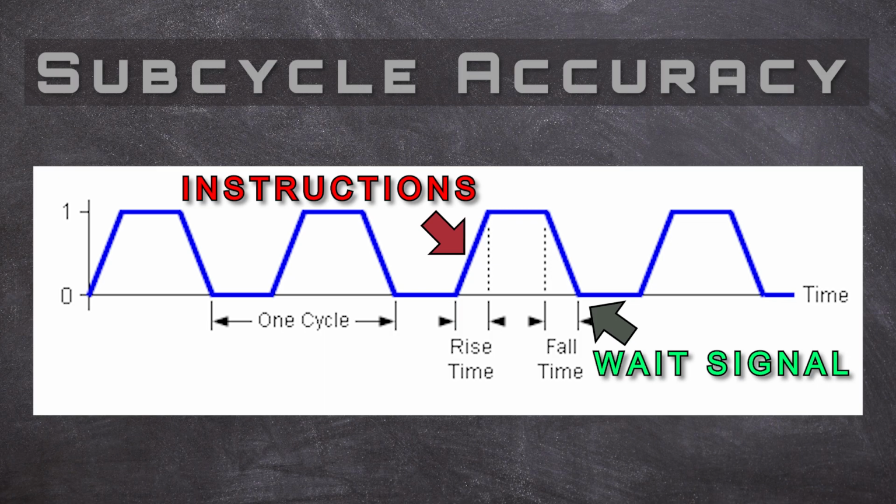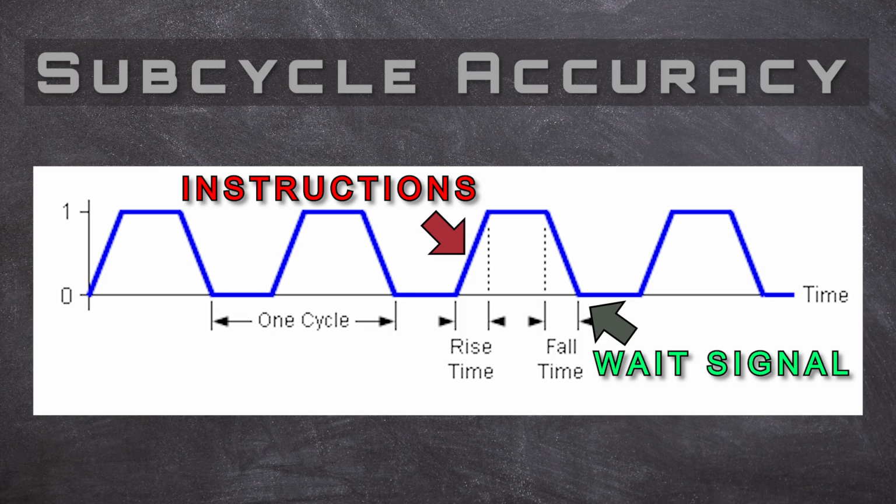So if you start with an instruction on the rising part, and it is an odd number instruction, you're going to have to wait a little bit more for the falling part, for the wait signal. So it's going to offset. It's not going to be fully synchronized, as you can already see in this example. So it might be half a cycle earlier to half a cycle later, depending on the instructions.